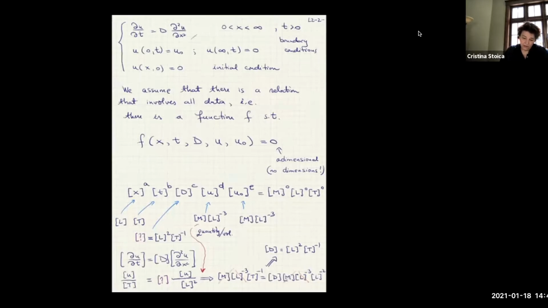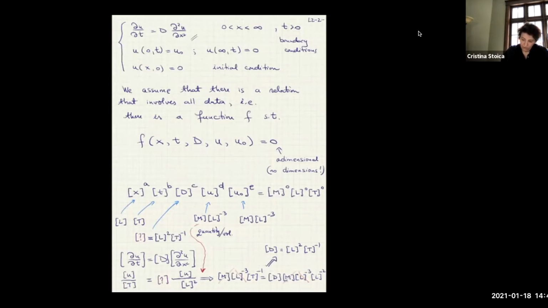It's up here. And then we assumed that there is a relationship between all the physical quantities appearing in this equation. It's not only the space x and the time, but also an initial velocity.